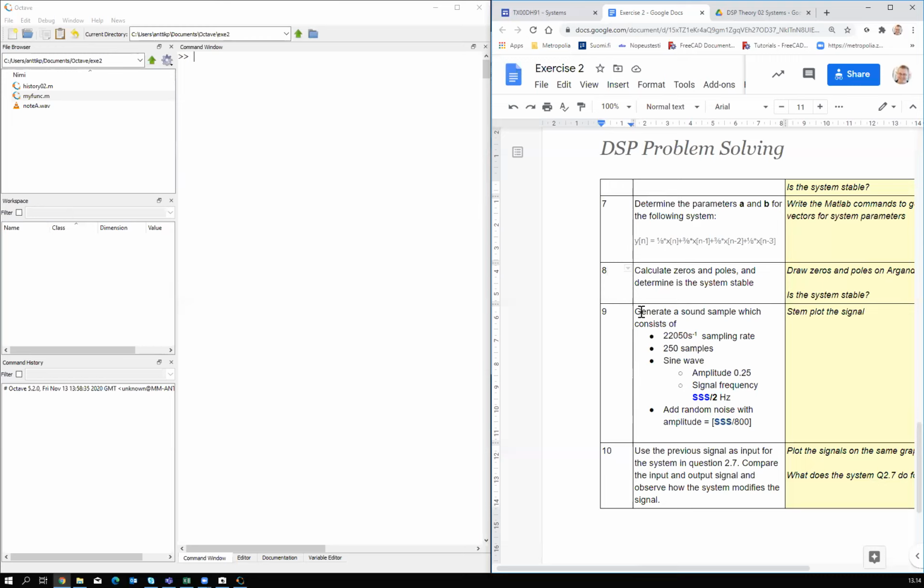And then, using the previous signal you generated, take this system and observe how the system modifies the signal. What does it do to the signal? Just by plotting some of the values.